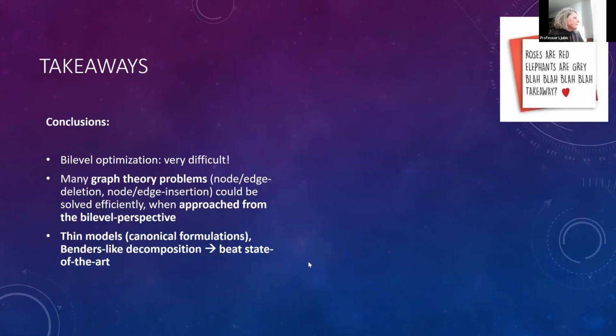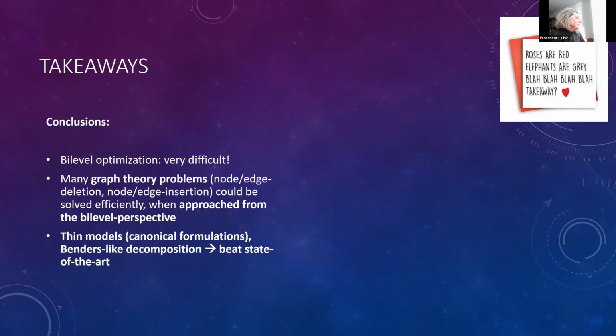So indeed, and again, as a takeaway from this talk, it is true that in principle, bi-level optimization is very difficult. It is true that if you have a bi-level optimization problem in which the upper level and the lower level are simple linear programs, the problems are already NP-hard.